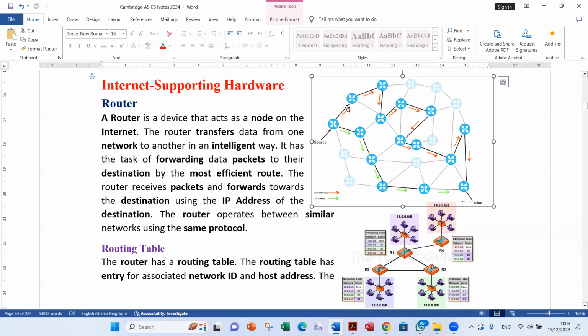What I'm saying now is just in the ICT O level and the computer science O level. And thankfully, AS Computer Science is explaining everything from scratch. Okay, so every router has its own routing table.